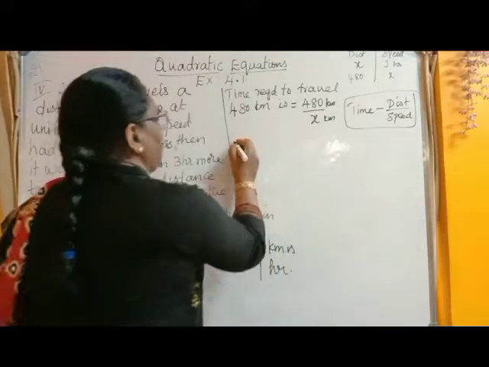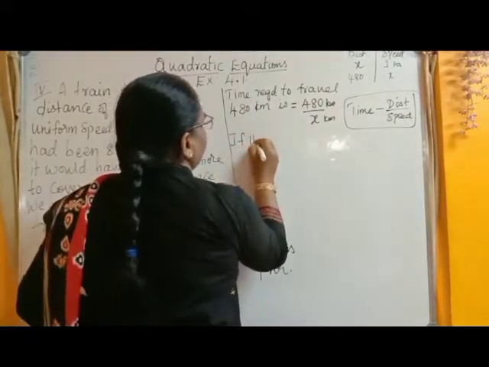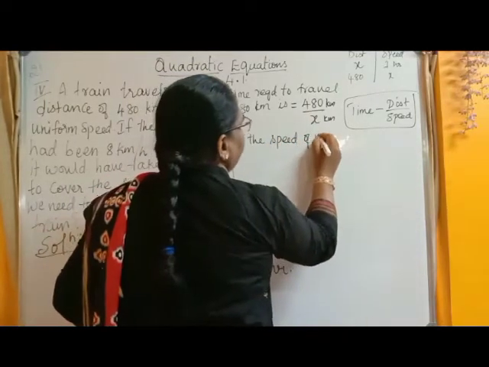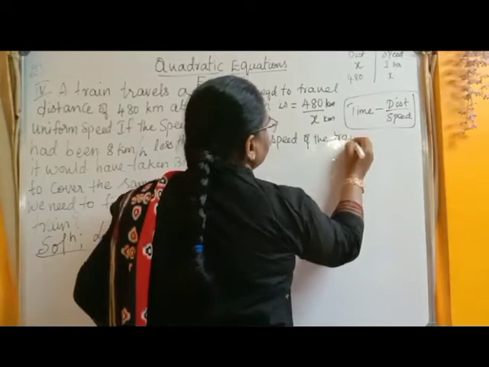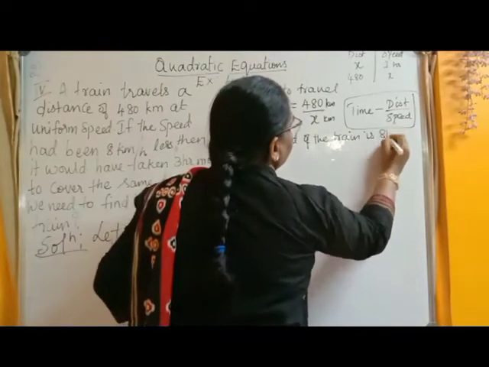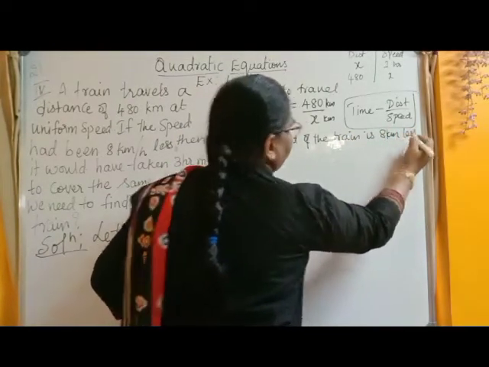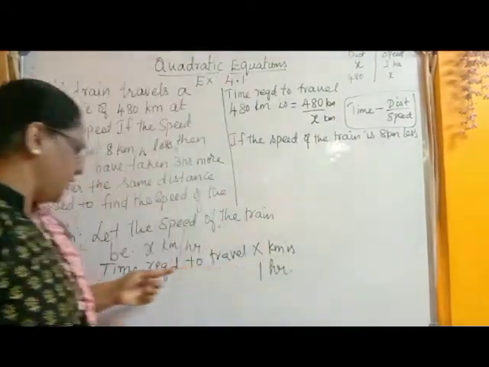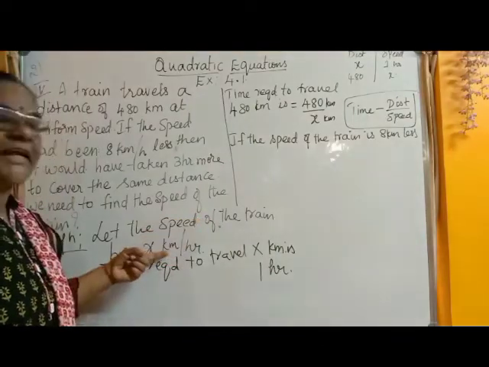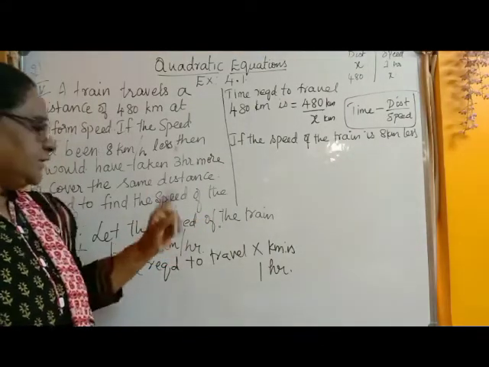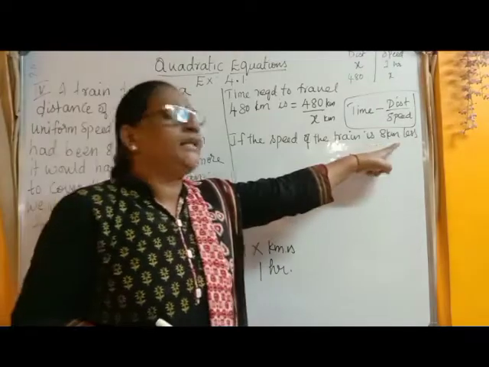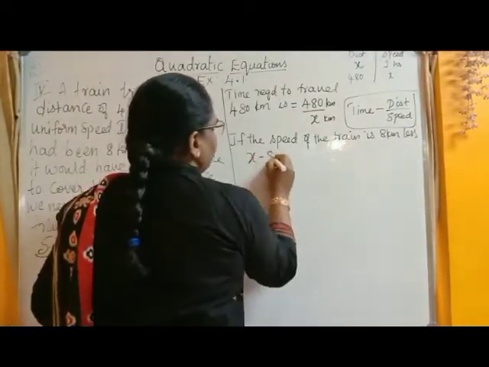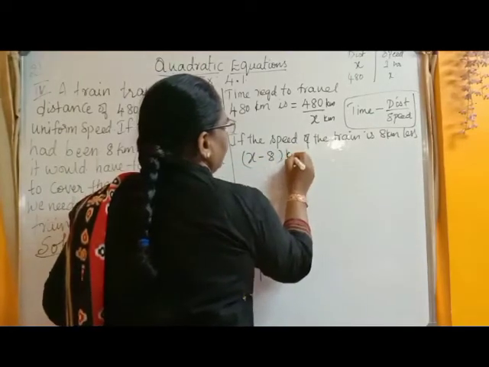Suppose the speed of the train is 8 kilometer less, how do you represent this? What was the speed of the train before? x kilometer per hour. So this speed is decreasing by another 8 kilometers. Therefore, the speed becomes x minus 8 kilometer per hour.